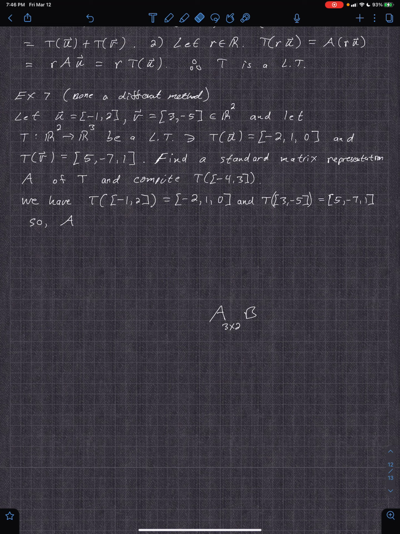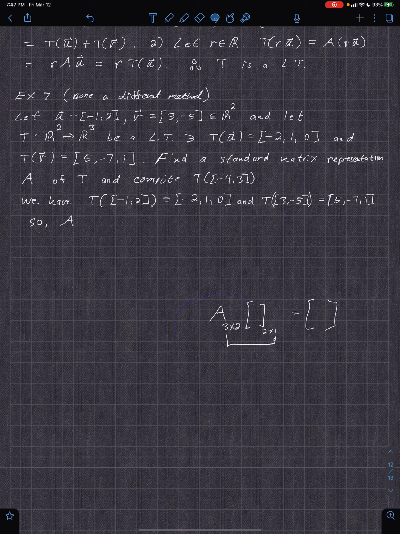So those are the vectors. So this is the column vector. This is a 2 by 1. So this will be 2 by 1. So we're going to end up with a 3 by 1. Okay, so the matrix A needs to be a 3 by 2.